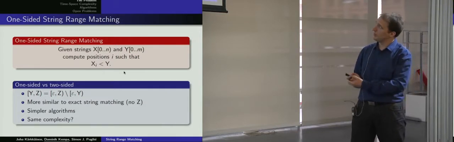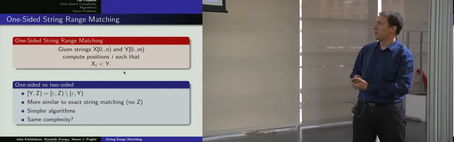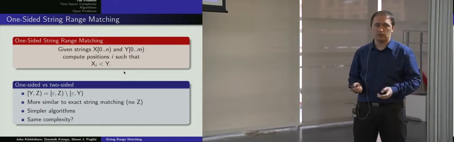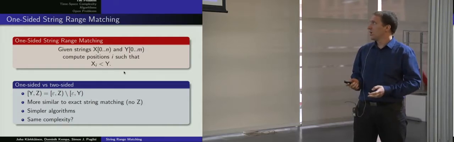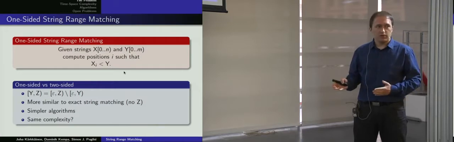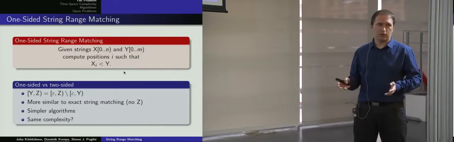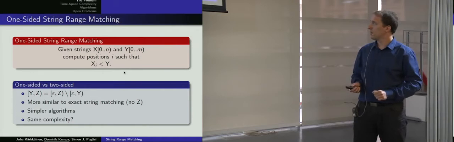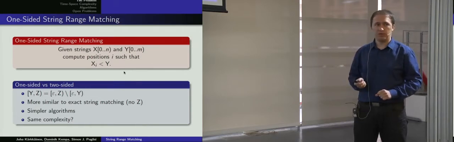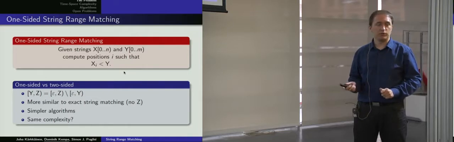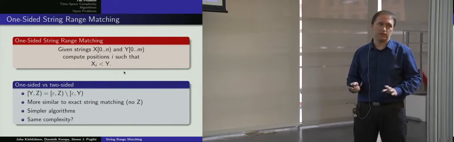And second, this variant is more similar to exact string matching in that there is only one pattern. So it's simpler to think about, and the algorithms are also simpler. However, we don't know whether this variant of the problem is theoretically easier than the two-sided variant. All algorithms in our paper have the same complexity.